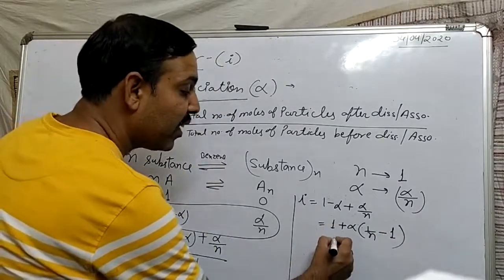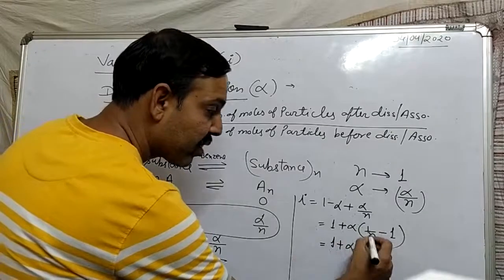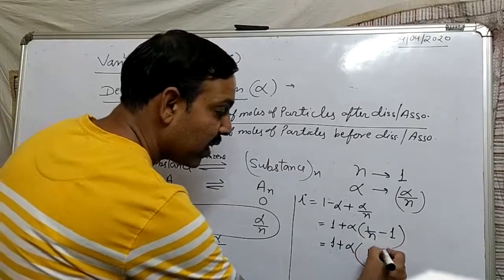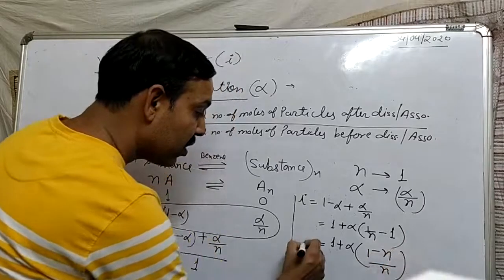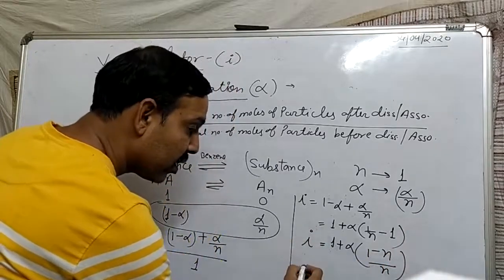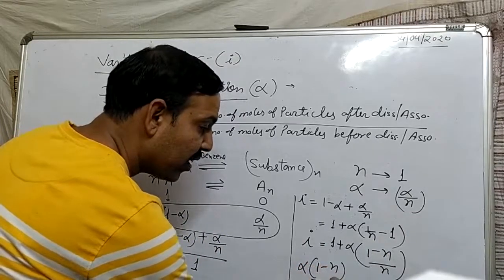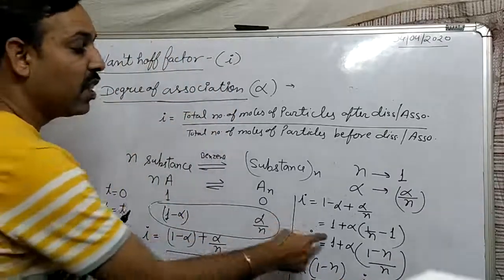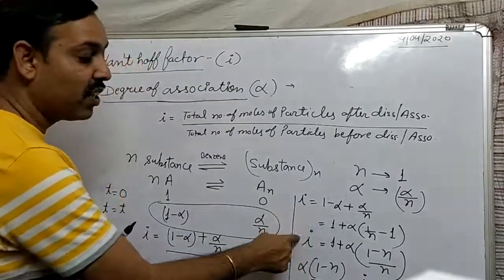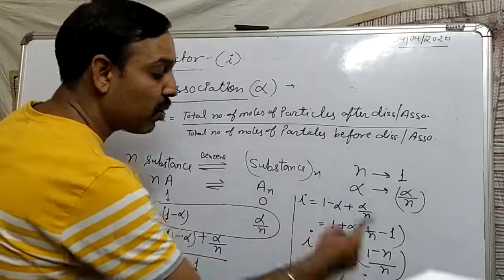Here we can write it 1 plus alpha (1 minus n) upon n is equal to i. So alpha (1 minus n) upon n is equal to i minus 1. We can write now, i shifted to this side. So i minus 1 is equal to alpha (1 minus n) upon n.